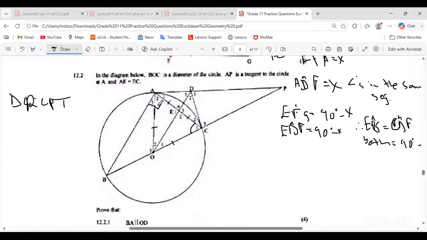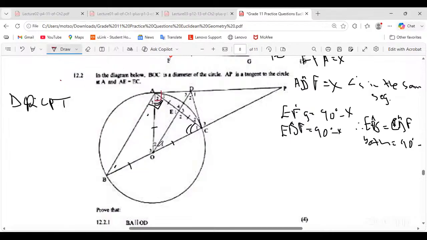Therefore, C1 is equal to A2 here. And this one is a radius. This is also the radius. B is equal to A3 there. We also have 90 degrees here. Why?